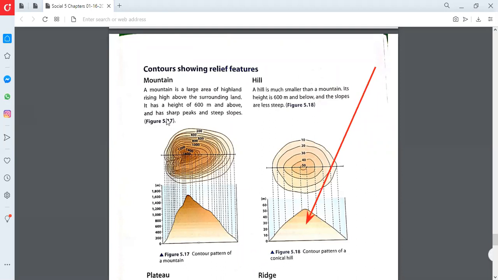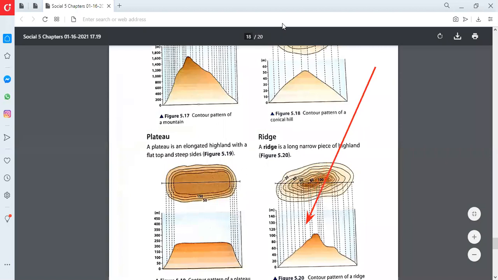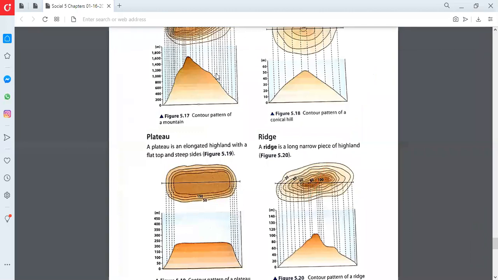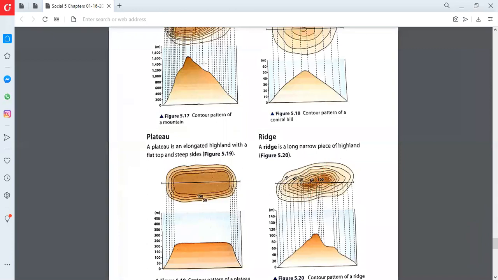Okay, now we are moving towards the third thing. What is the third thing we have, which is represented by the contour lines? The third thing we have is a plateau. A plateau is an elongated highland.